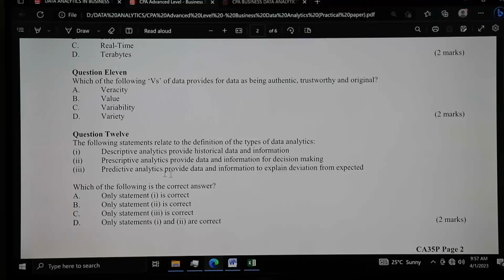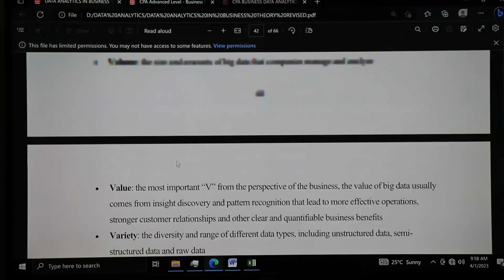Predictive analytics provide data and information to explain deviation from expected. And here you are told to choose which of the following is the correct answer. So you need to actually understand those analytics.